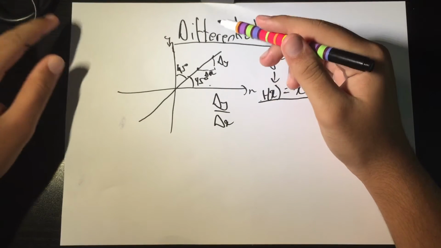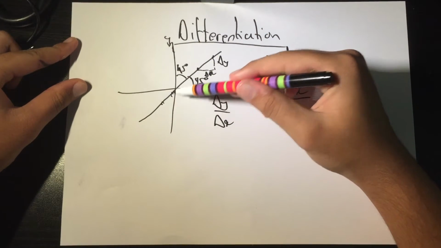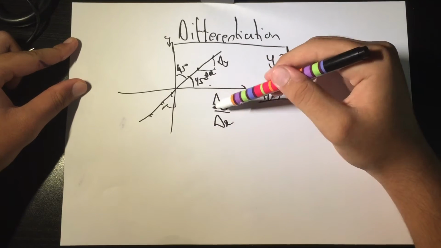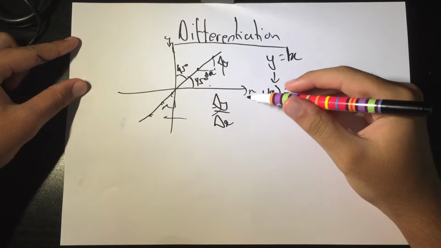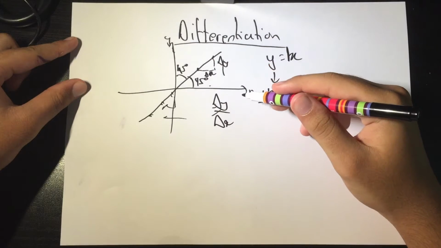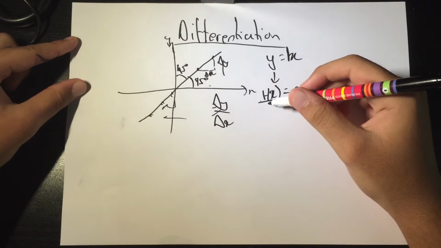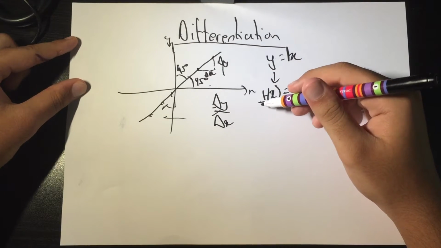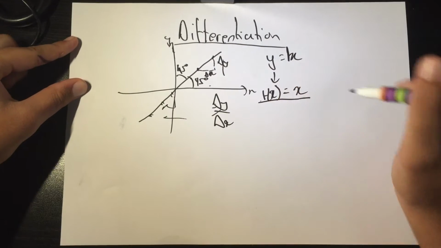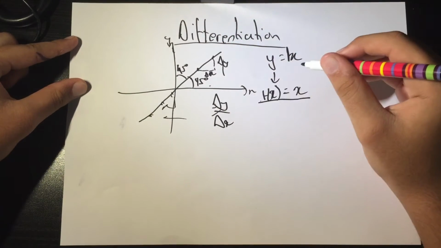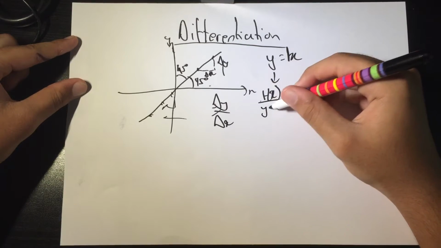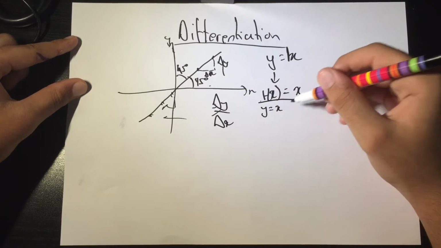Change in y over change in x. And you can take any 2 points on the line. Any 2. Doesn't really matter because the gradient is always going to be the same, which will not be true for curves. But that's how you find the gradient. So the gradient of this curve, suppose y is equal to x, is equal to 1.